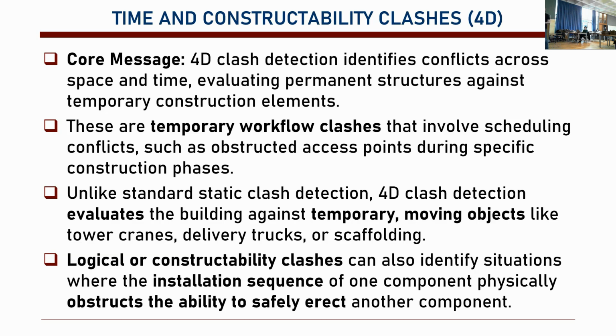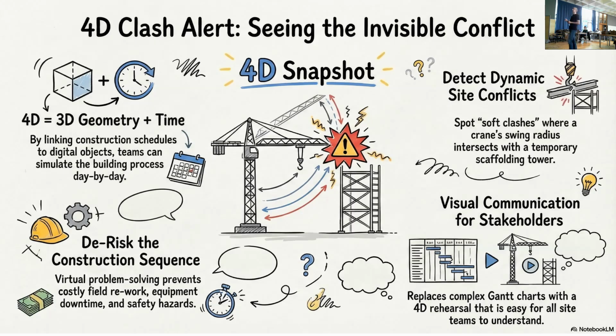Again, these are the temporary static clashes, but then also we have logical and constructibility clashes, and these clashes are about the sequence of the work, like how do we safely do the work. Like in time the crane works, but the boom of the crane hits the structure, for instance.